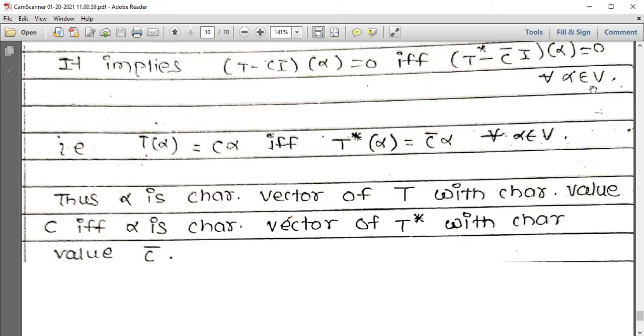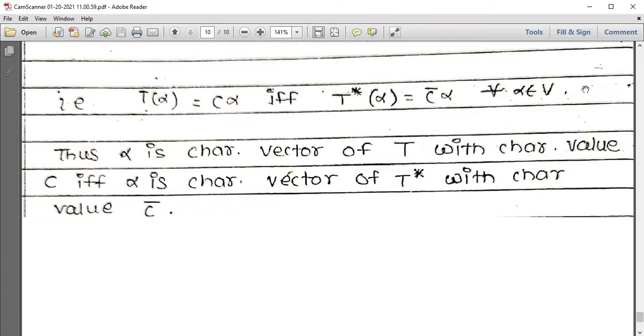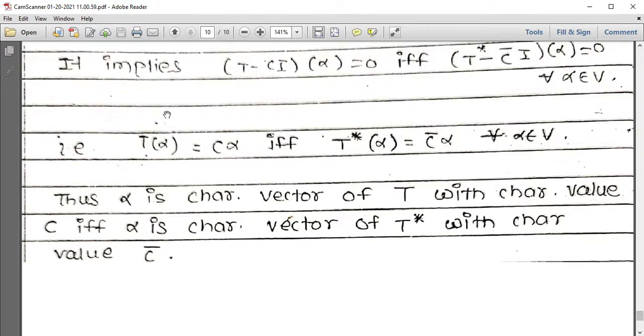That is, T of alpha is equal to c alpha if and only if T star of alpha is equal to c bar alpha, for all alpha belongs to V. Hence, this shows that alpha is the characteristic vector of T with characteristic value c if and only if alpha is the characteristic vector of T star with characteristic value c bar.